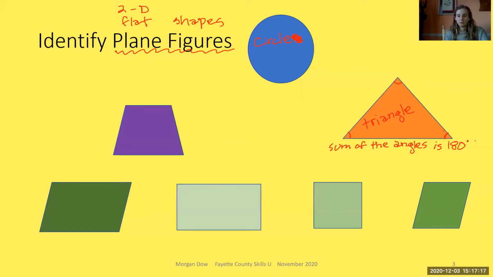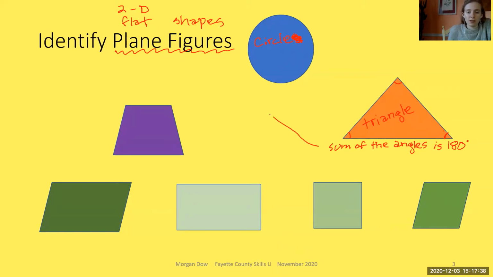So no matter what the triangle looks like, no matter the lengths of the 3 different sides, the 3 angles will always add up to be 180 degrees. And you can use that fact sometimes to help you solve for missing angle measurements. That might be useful to you in certain situations.